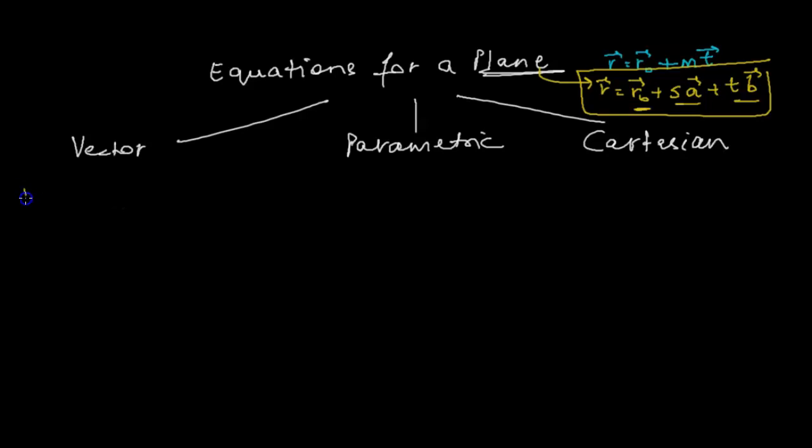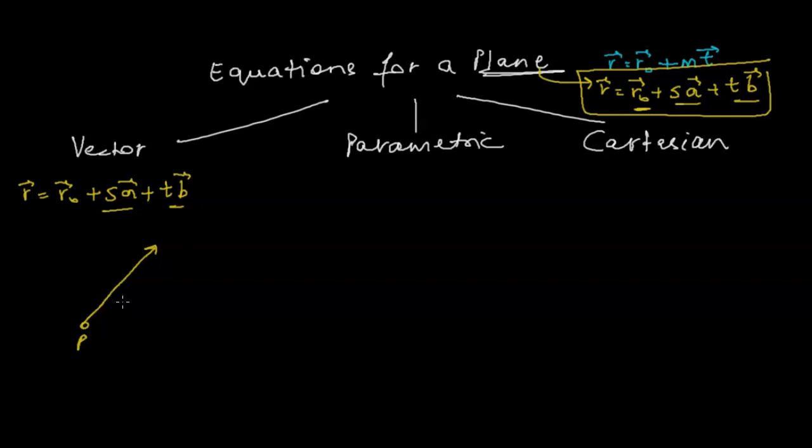Therefore, we can say the vector equation of the plane is r vector equal to r naught plus sA, this is the first direction vector, plus tB, this is the second direction vector. The reason that we need 2 direction vectors is if we are given a point P and there is only one direction vector going from this point P, then we can't make the plane.